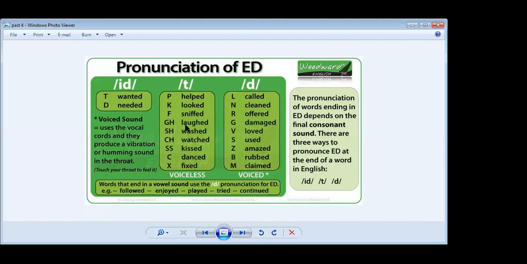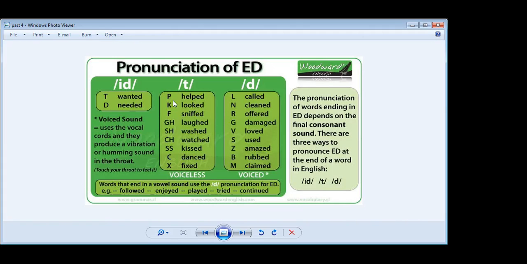So we talked about the regular, so we add ed to the regular verb, right? We said that the verb two in the regular form, we add ed. When the verb is in the past and it is regular, we add ed. Okay, so let's know the pronunciation of words ending in ed.